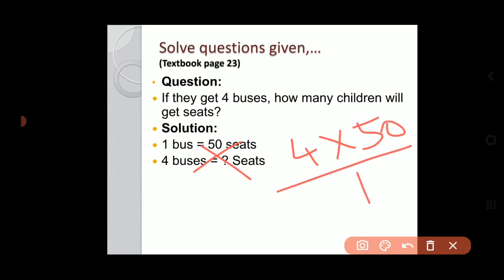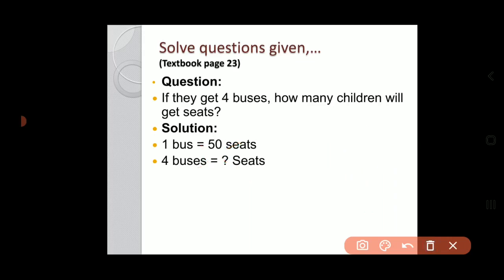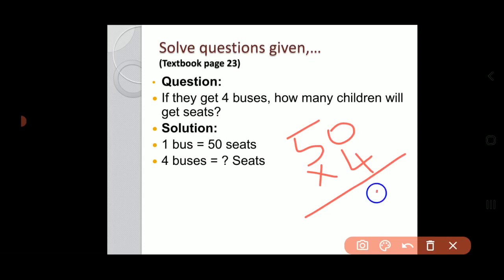We all know that whenever there is 1 at the denominator, we will only multiply the numerator. So straight away we will multiply 50 by 4. All of you know the table of 4? Yes. So 4 zeros are 0, 4 5s are 20. Clear? Yes, we got the answer.